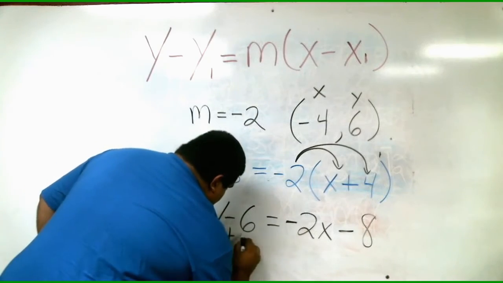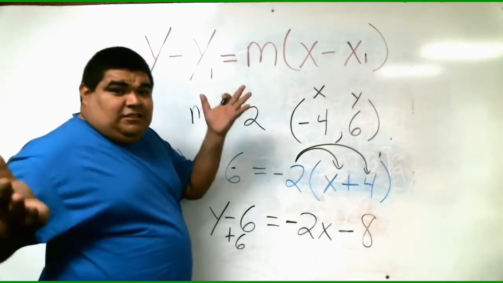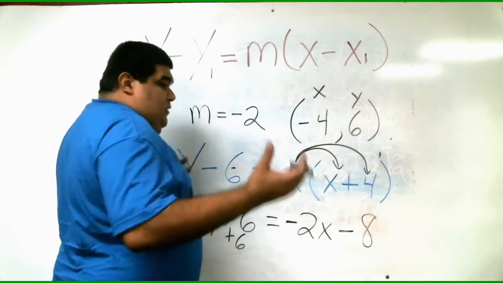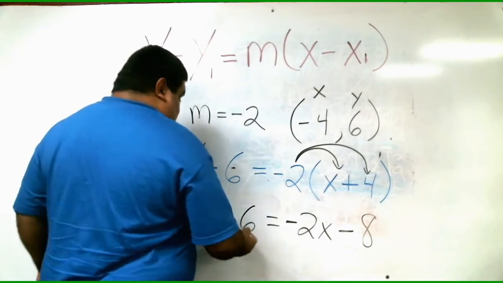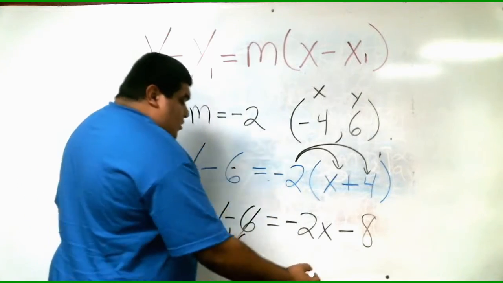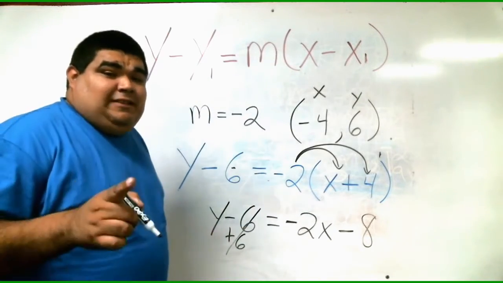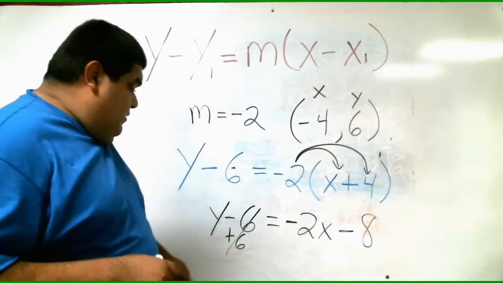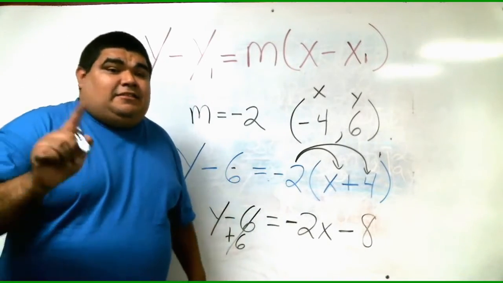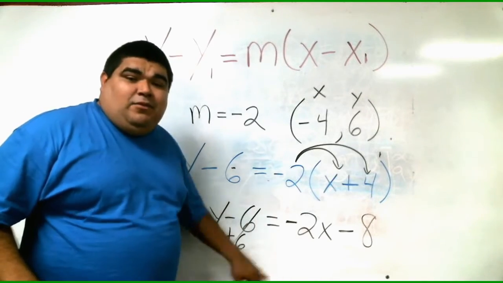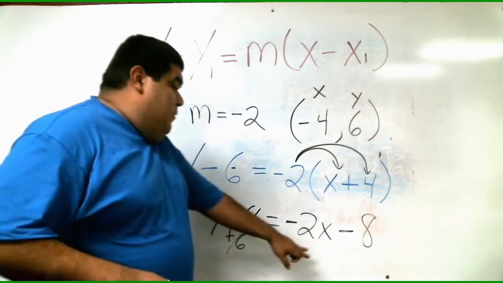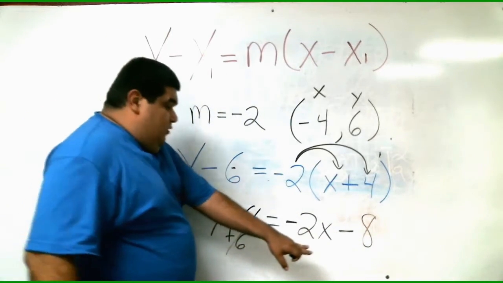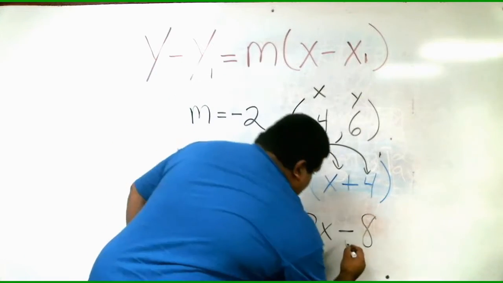So plus 6. Again, you do it to both sides because of this, remember, scale. You will unbalance everything. So that cancels out. You're only going to do positive 6, only to the number. The reason why is because the 6 doesn't have a variable, okay? They cannot combine with the variables, but it can combine with other numbers that are just numbers. So we have plus 6, so we're going to do over here, plus 6.